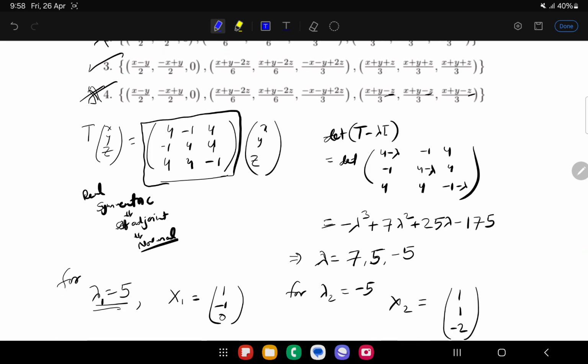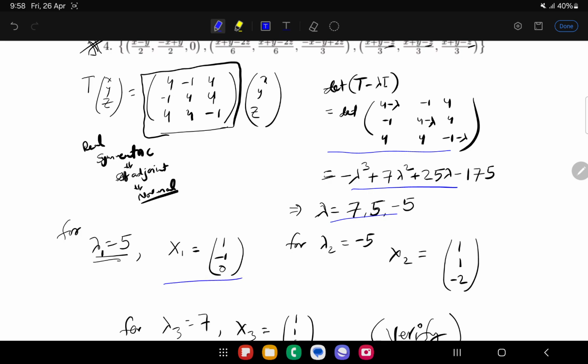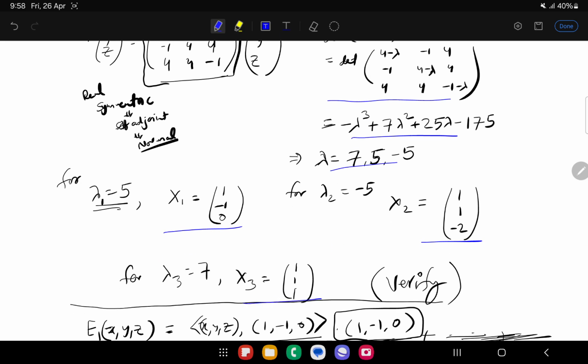So let's see. First of all, we calculated characteristic polynomial for T, and we got 3 distinct eigenvalues. Now we'll get 3 distinct eigenvectors also, x1, x2, x3. Now check that x1, x2, x3 they are orthogonal also.